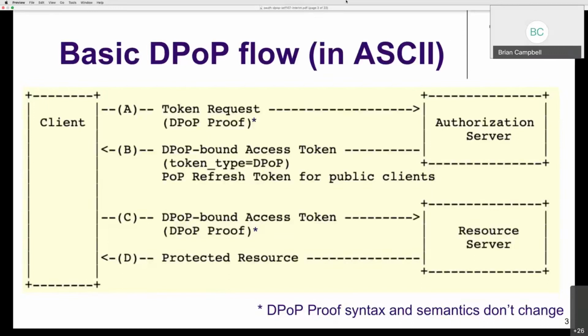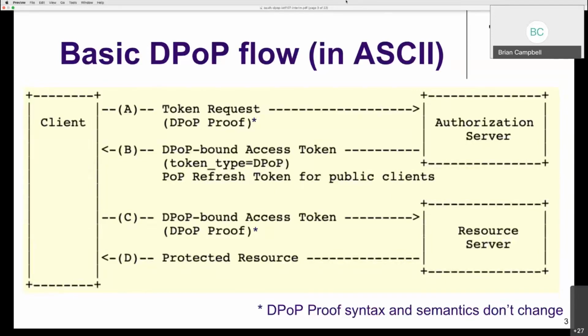What's unique about DPoP is that there's this concept of a DPoP proof that's sent in the same way, using the same syntax and semantics, both to the authorization server on the token request, as well as in conjunction with the access token on resource server access. It travels in an independent header. When you make the token request, the DPoP bound access token is returned, and possibly also the refresh token is bound as well, but only for public clients.